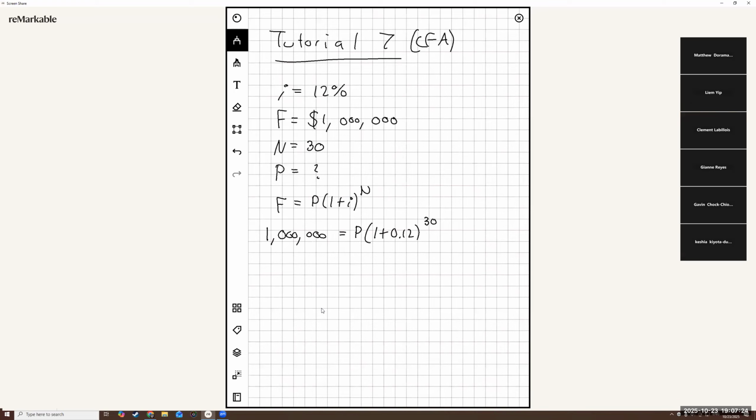And all that is left is to calculate the value of P. So if you do this calculation, you get P is equal to $33,378.